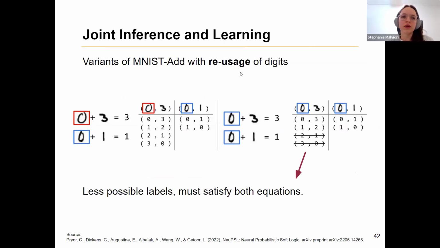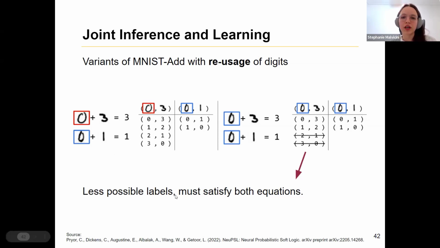So everything I explained until now was done using a unique set of images. And to really see the power of joint inference and learning, what the authors did was to add duplicated images to the sets. So here we can see how this changes the number of labels we will have.